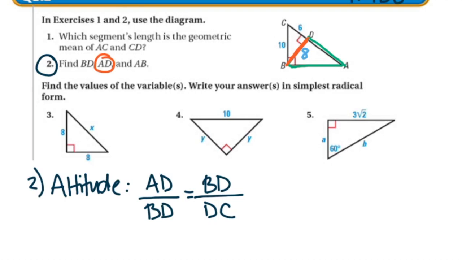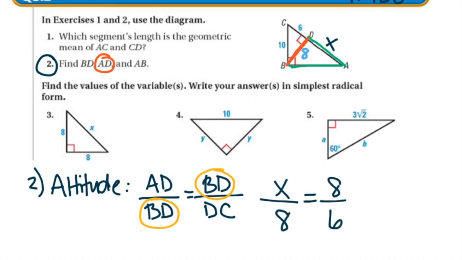Remember, this theorem states that segment BD, the altitude, is the geometric mean of AD and DC. Substituting in the values that we know and the values that we're looking for, I can call the length of segment AD x, and so we would have x is to 8 as 8 is to 6. How would you solve this? You would cross multiply.